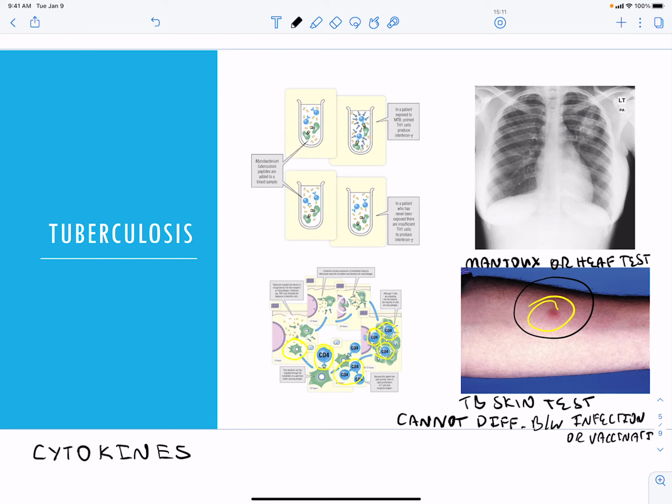In addition, it cannot tell if a person has active TB or has suppressed TB that is under control. And so this just gives you a yes, no, this person has seen the tuberculin bacterium, or no, they have not. So it doesn't give you any functional useful data as to the state of the actual patient.